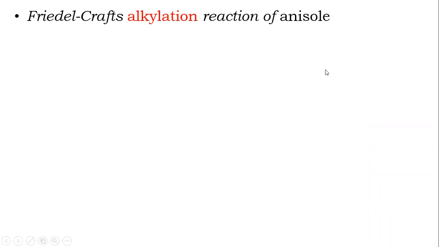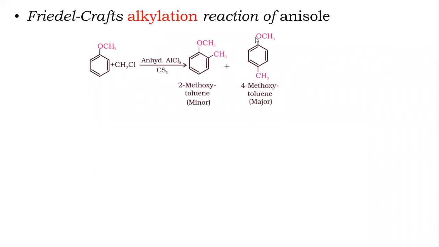So starting with Friedel-Crafts alkylation reaction of anisole, when anisole reacts with methyl chloride in the presence of anhydrous AlCl3, the hydrogen of the ortho position will combine with the chlorine of methyl chloride to form hydrogen chloride as byproduct, and the methyl group will take the place of hydrogen to form 2-methoxytoluene.